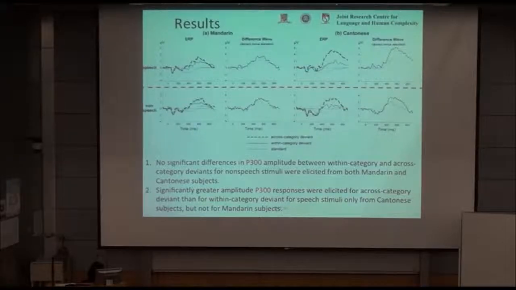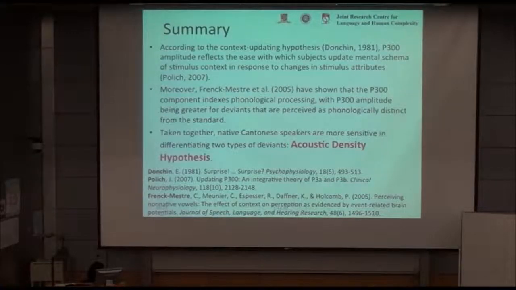Based on this result, we give the following summary. Why does it look like that? According to the context updating hypothesis, the P300 amplitude reflects the ease with which subjects update the mental schema of stimulus context in response to changes in stimulus attributes.